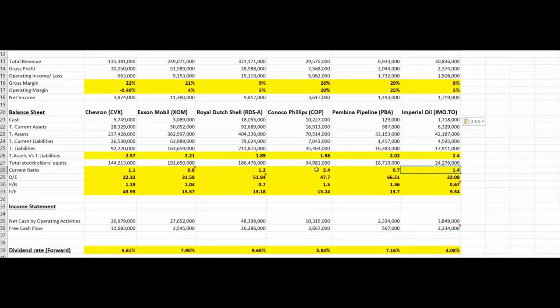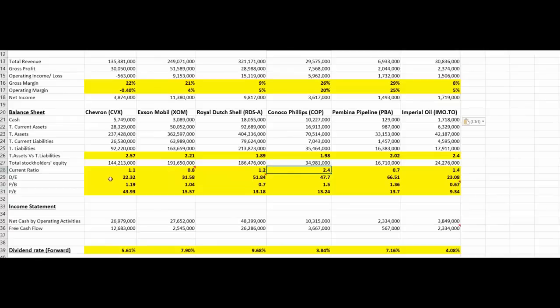Amongst them, ConocoPhillips is one of the most stable companies here, with really good margins, and with the current ratio as well as the total assets versus total liabilities ratio. So for now, I would say that this company has proven to be the most stable amongst all, or let's say a safer investment.